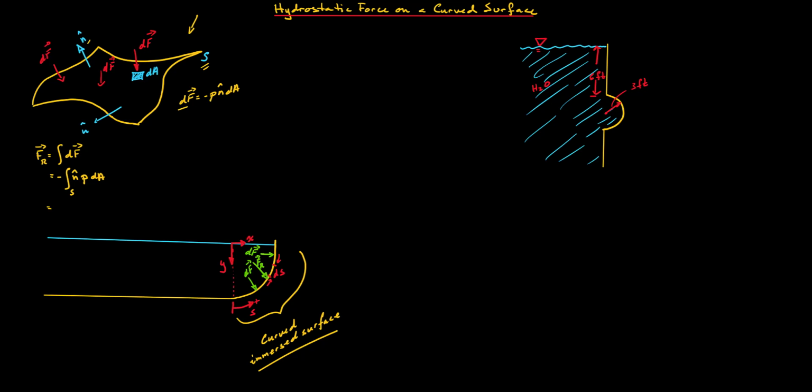This would take the form of a double integration where we have np, and our dA would take the form of ds dz, where ds is our segment length over here, and z is defined into the page. So we would integrate between 0 and s and 0 and z.